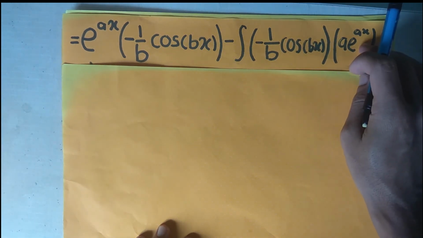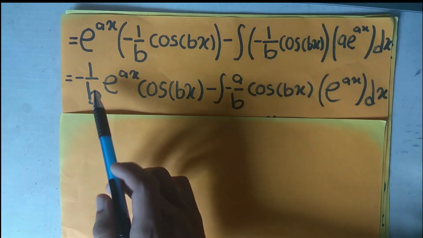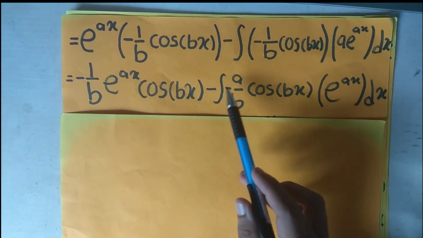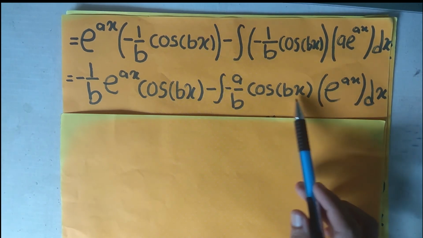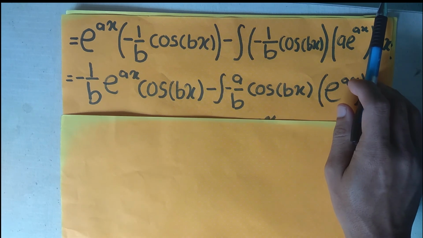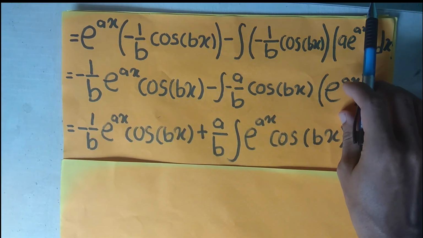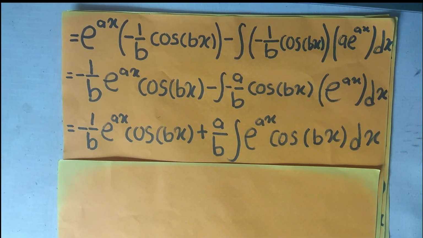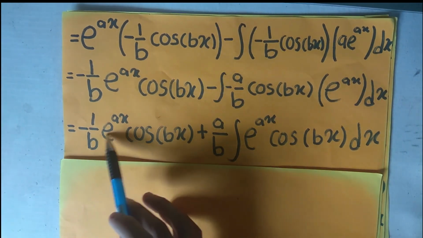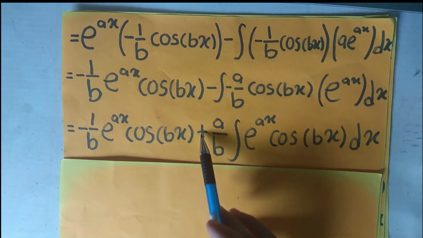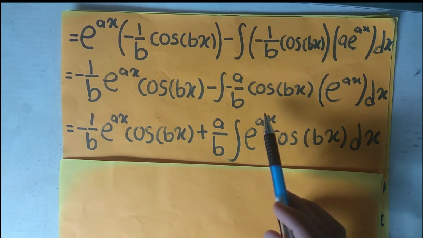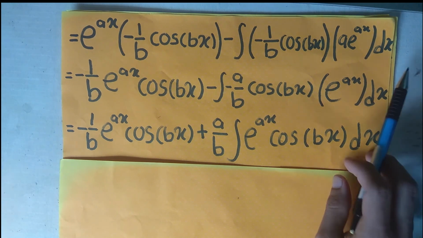We simplify it, and we get negative 1 over b exponential power of ax cos bx minus integral of negative a over b cos bx times exponential power of ax dx. We simplify again, and we open the bracket also. We get negative 1 over b exponential power of ax cos bx plus a over b integral of exponential power of ax cos bx dx.